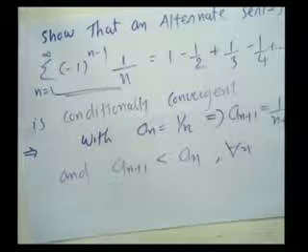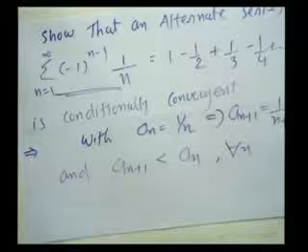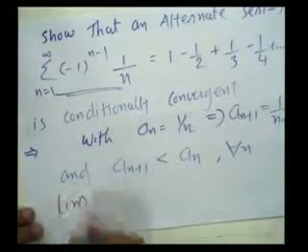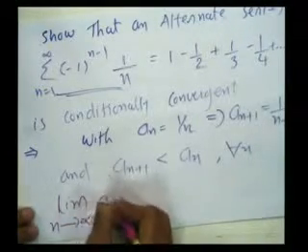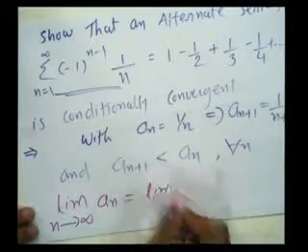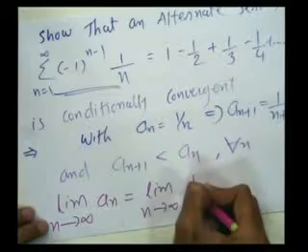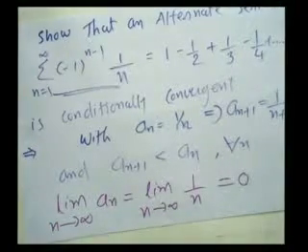The second condition is limit n tends to infinity a_n is equal to limit n tends to infinity 1 upon n, which is equal to 0.